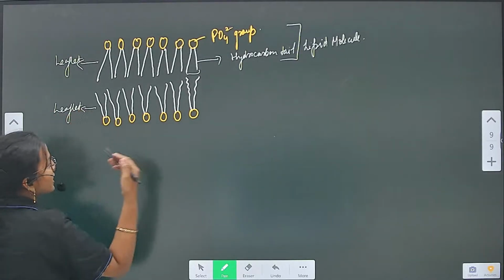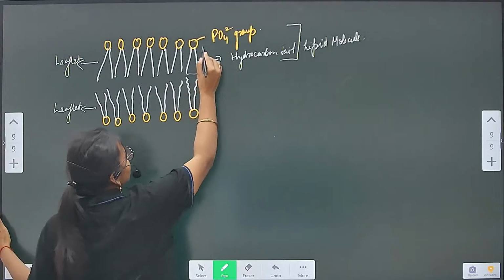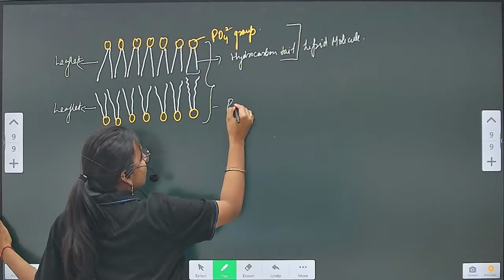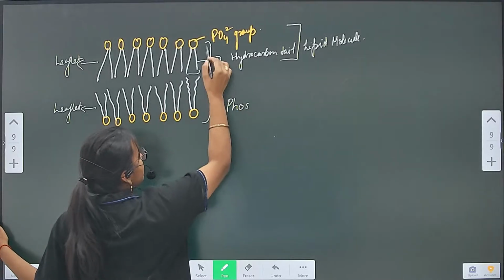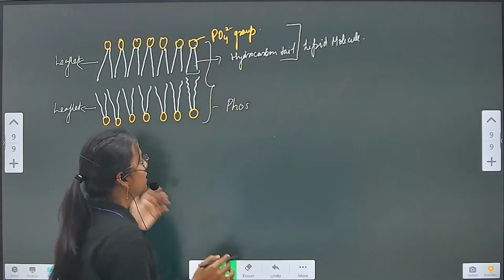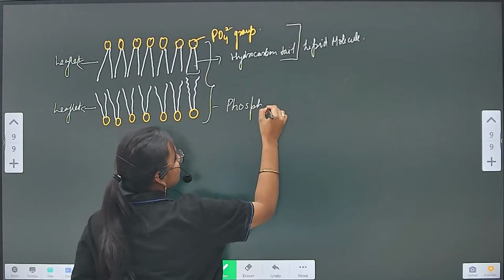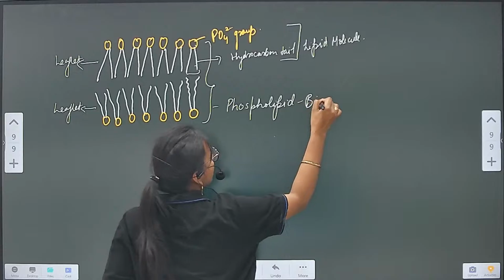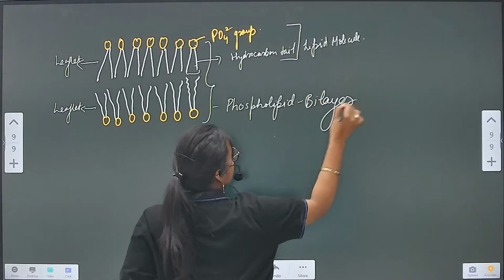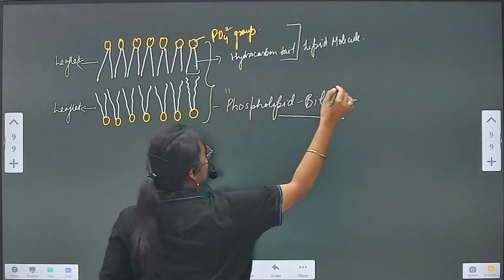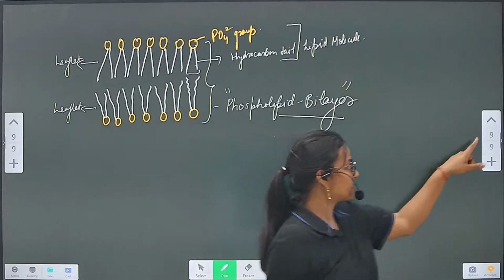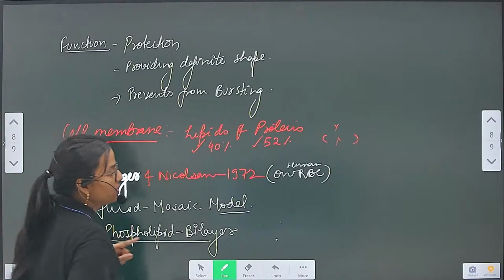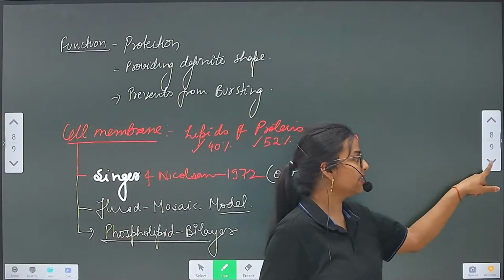So it is together called as phospholipid, because this is phosphate containing lipid, so it is called as phospholipid bilayer. Is that clear? In our previous slide we just saw, it is called as phospholipid bilayer. Why phospholipid bilayer?